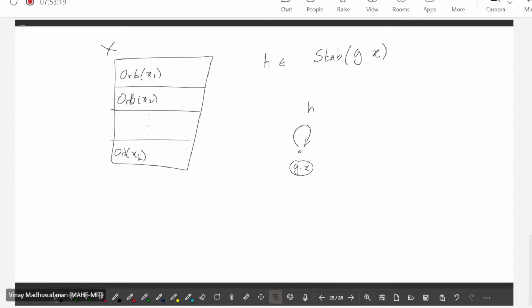You take X. Yes, you have something? G inverse H inverse, yeah. Okay. So in fact, G inverse H G also. Is that true?